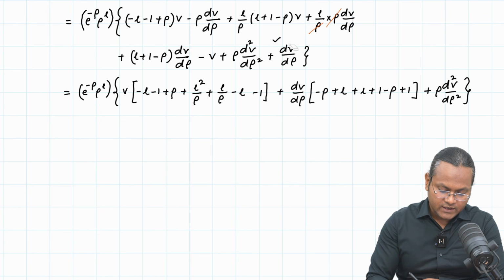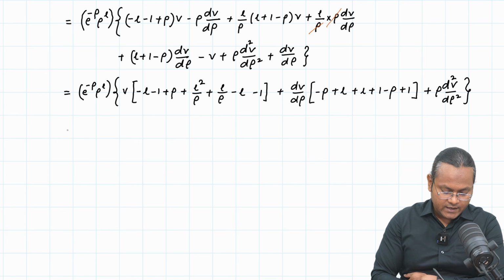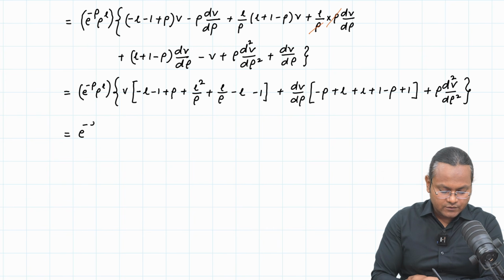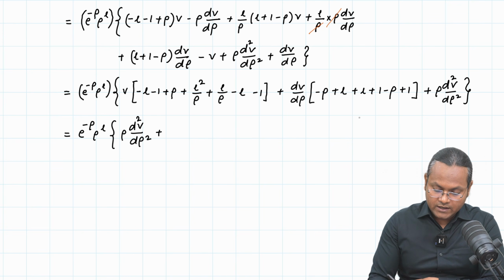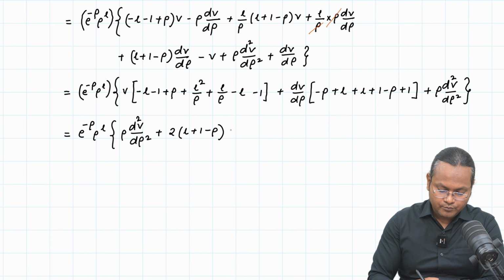And so further, we can simplify the entire thing as e to the power minus rho, rho to the power L. And we have rho d2v upon d rho 2 plus, so here we get 2L plus 2 minus 2 rho. So plus 2, we can write this as L plus 1 minus rho dv upon d rho.